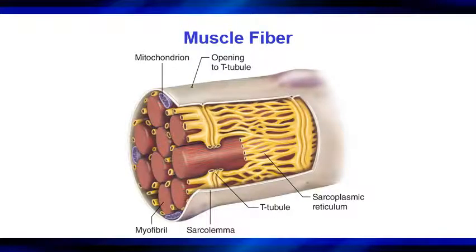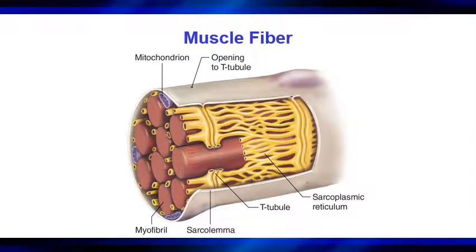And here you have the muscle fiber, okay? So the individual muscle fiber. And again, look back at that big picture of the muscle so you can continue to orient yourself to what you're looking at. There are some important structures here that we want to look at. You have the sarcoplasm and the sarcoplasmic reticulum.